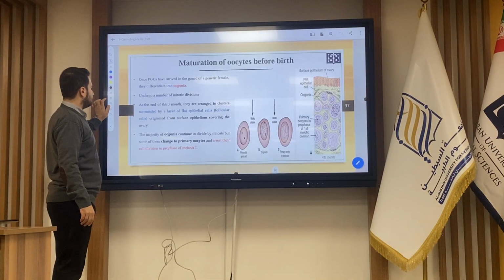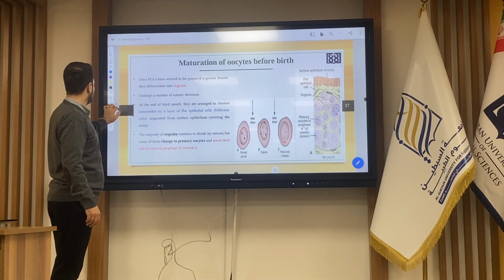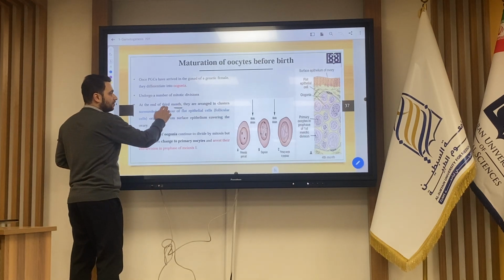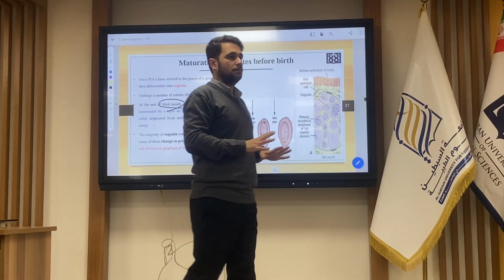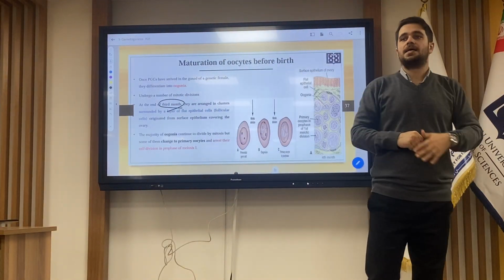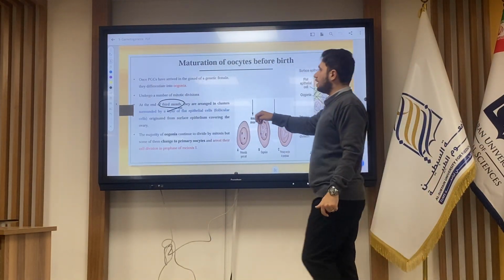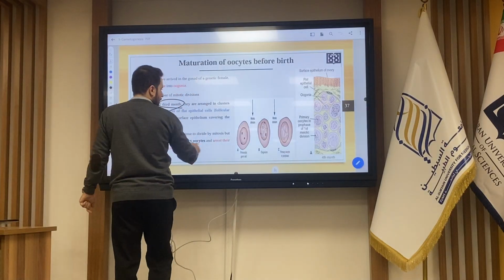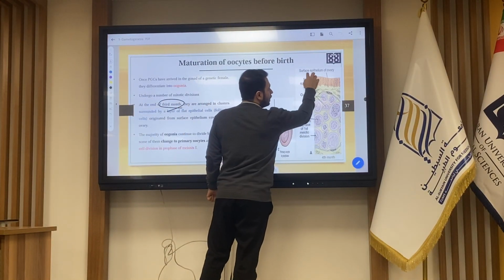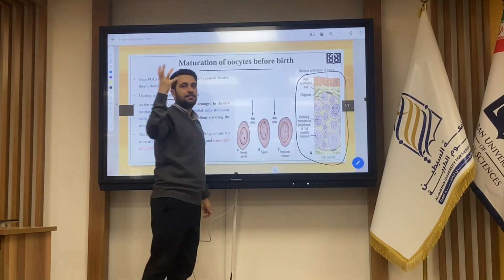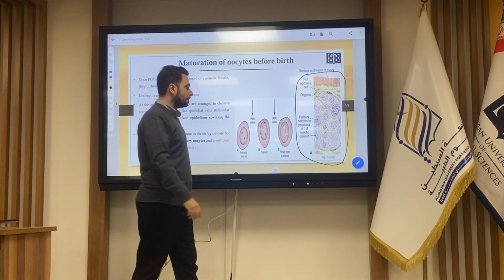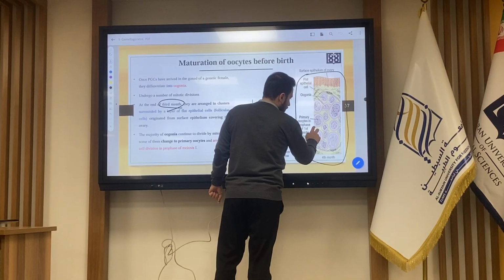Look at here. At the end of the third month, it means that the embryo is forming, and 1 month passed, 2 months passed. At the end of the third month, here, this is the surface, this is the ovary of the female. Okay? Look at this part.